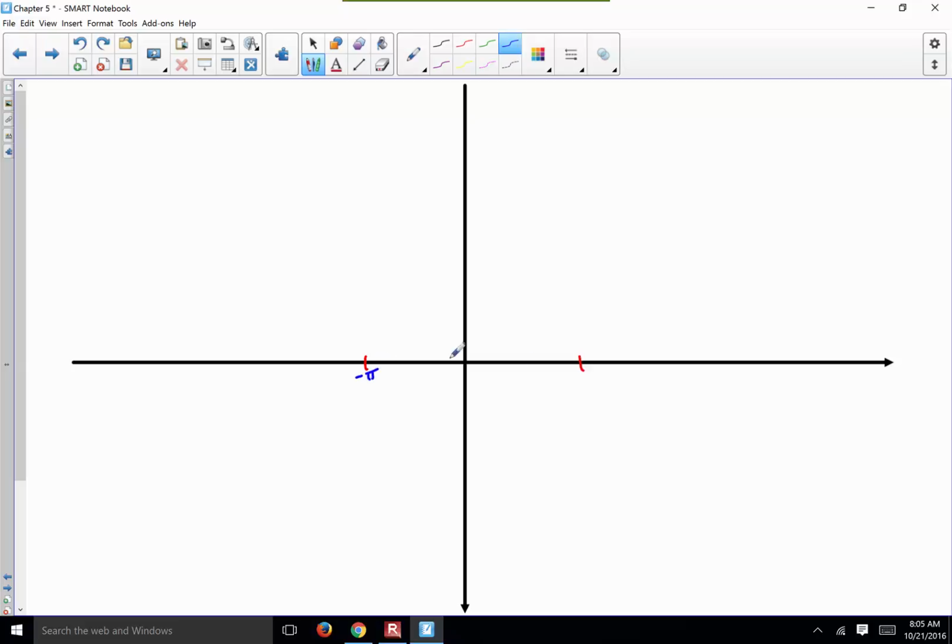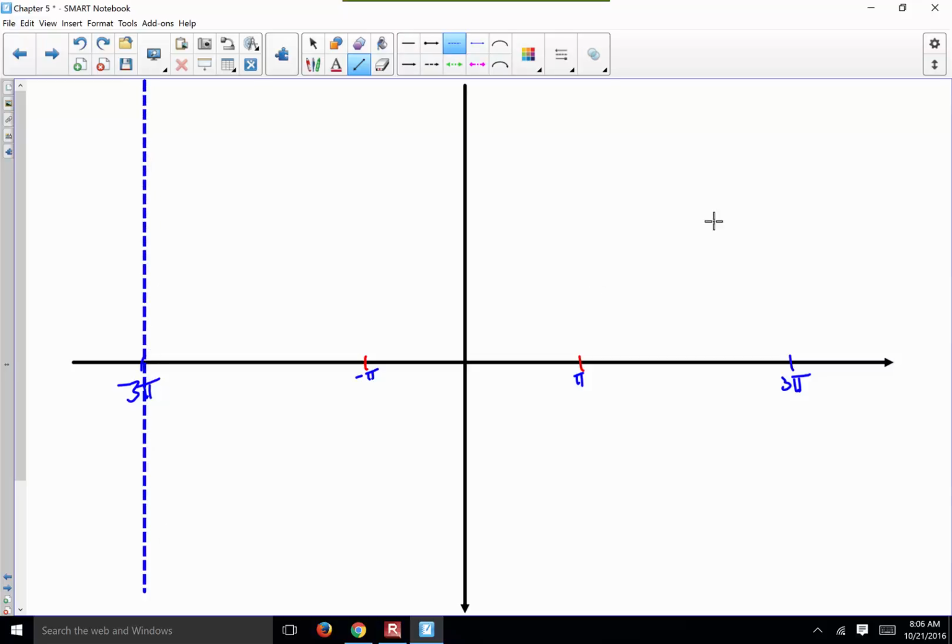This is minus pi to pi. I'm going to make this now 3 pi, and that one will be negative 3 pi. And put those two vertical asymptotes right on those. Vertical asymptote here, vertical asymptote there.